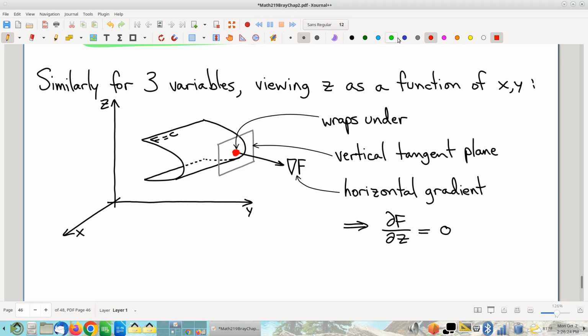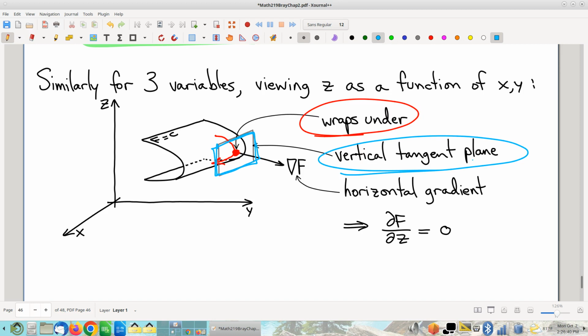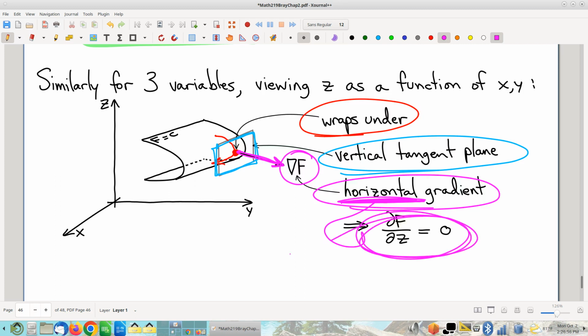It's a problem because at that point, the surface is in the process of wrapping under itself, which is possible only because we have a vertical tangent plane, which means that the gradient of capital F would have to be horizontal, and a horizontal gradient would mean that the z partial is 0.